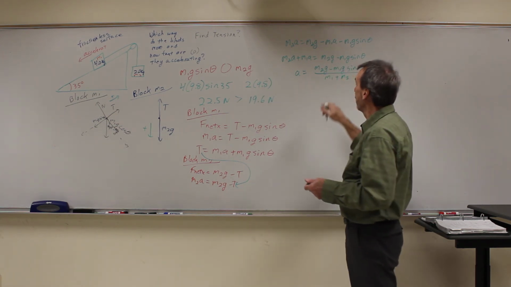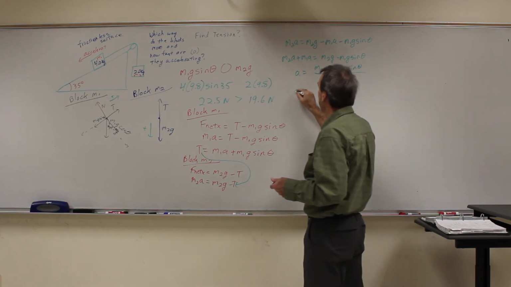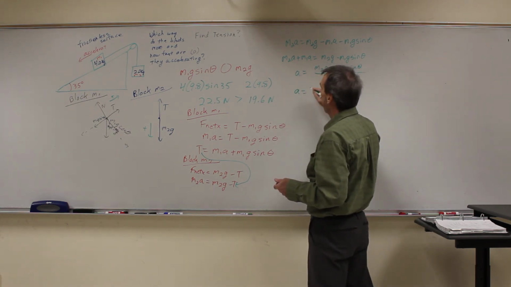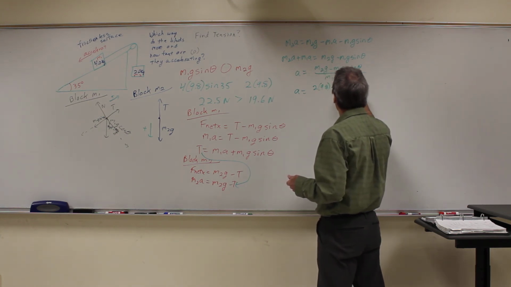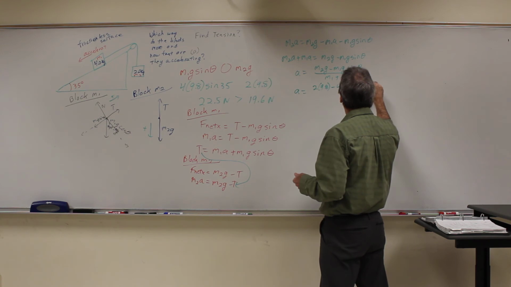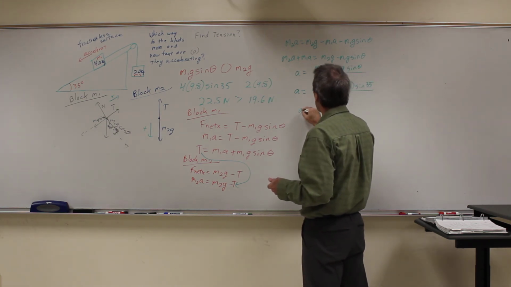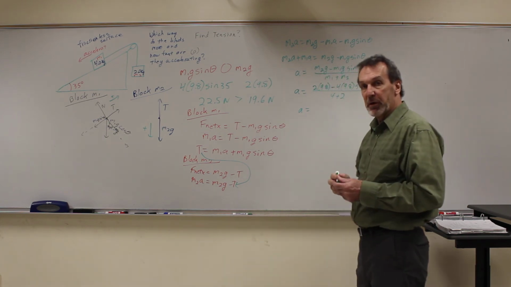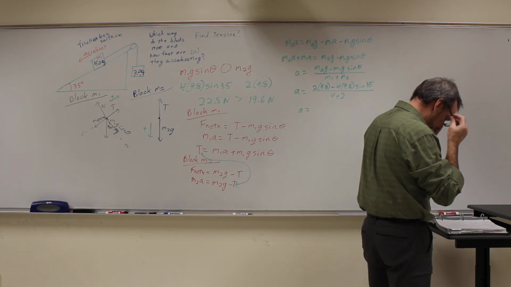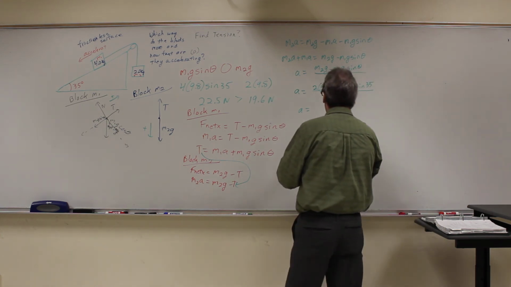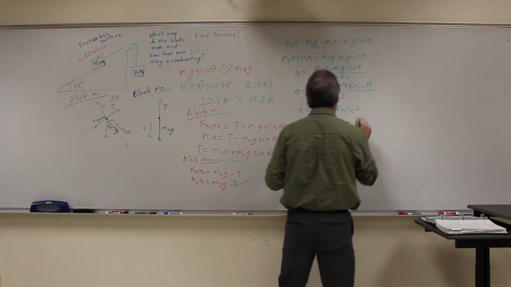Now I know all the numbers here, and what I want to solve for is by itself, so I'm going to just plug in the numbers. M2g is 2, so this is 2 times 9.8 minus 4 times 9.8 sine of 35, over 4 plus 2. You plug all that into your calculator, and you get a value of negative 0.48 meters per second squared.